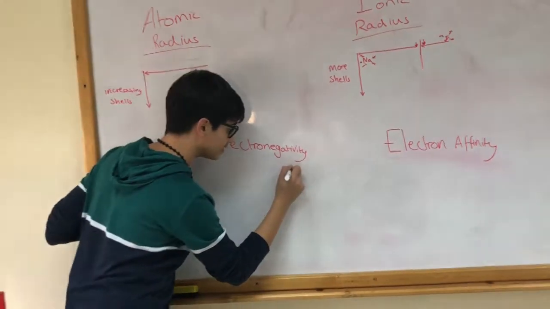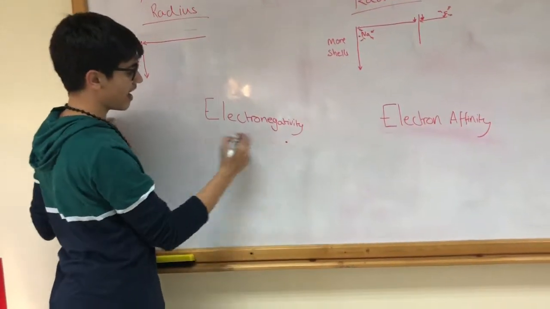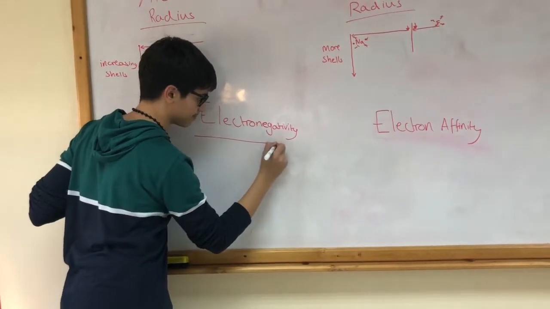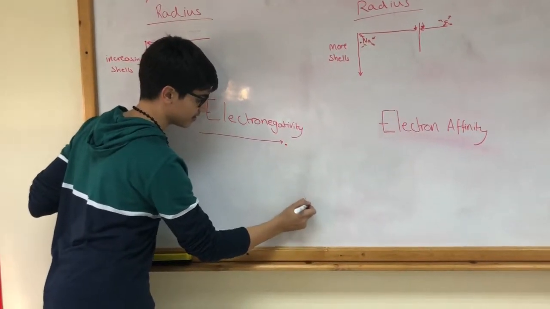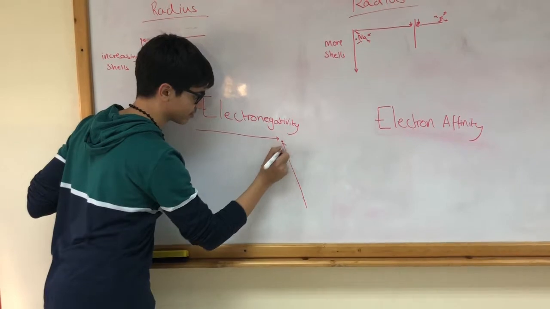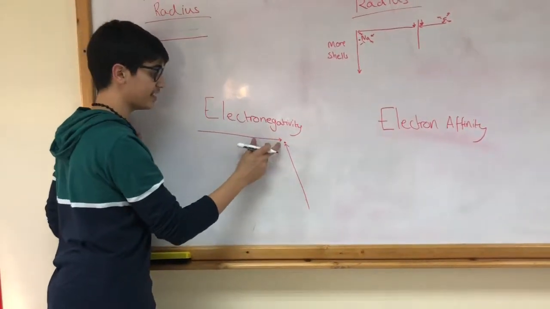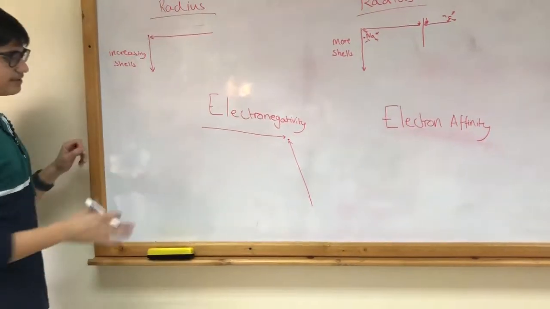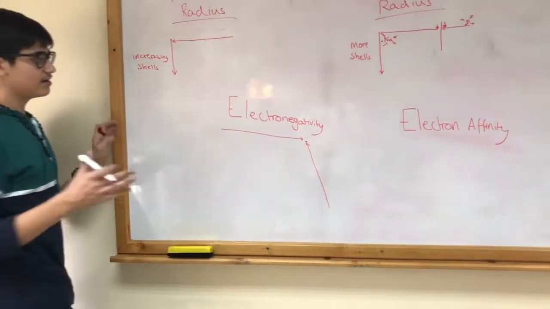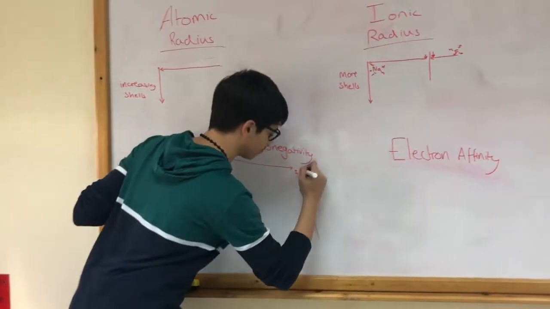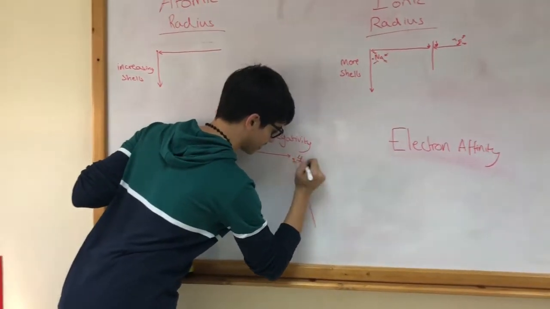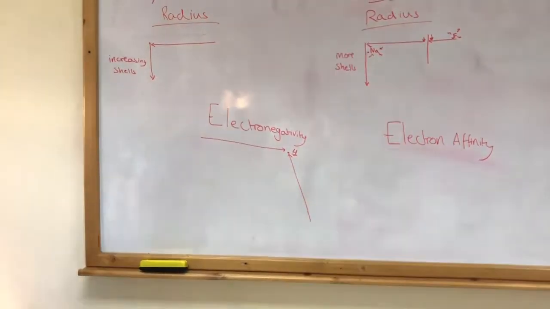Electronegativity is the highest at fluorine, and increases across a period, and decreases down the group. So the highest point would be at fluorine. This tends to be a very general trend, and there are very few exceptions.